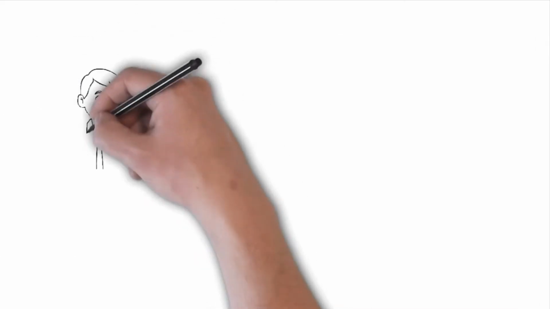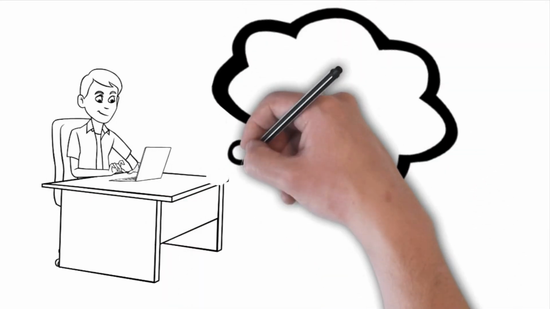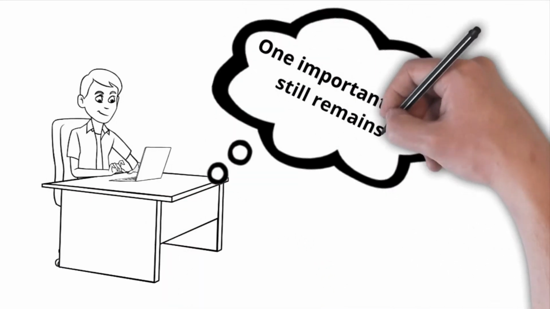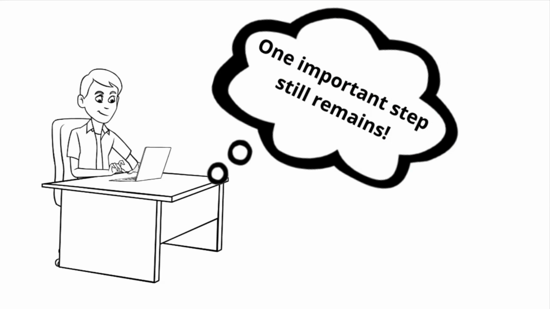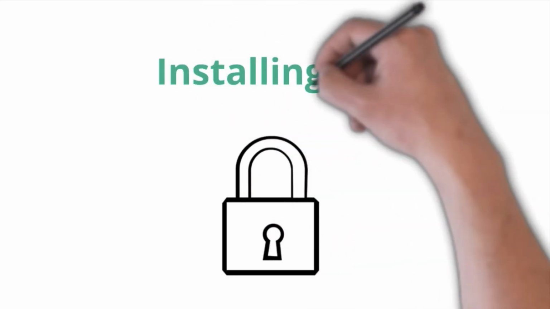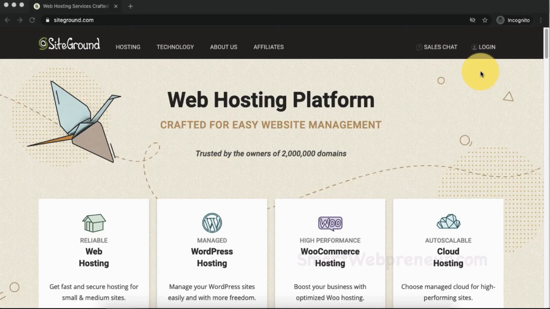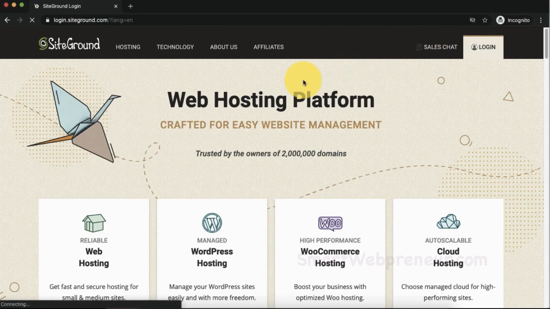Before we start publishing content on our new blog, there is another important thing that needs to be accomplished. And it is installing SSL on our new blog. Let's see how to do that. To install SSL on your website, log into your SiteGround account first.